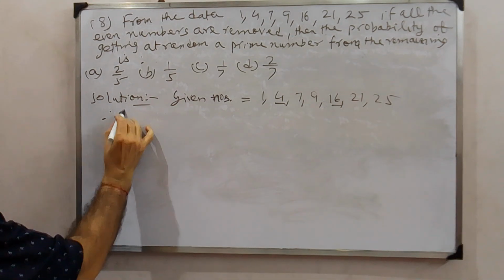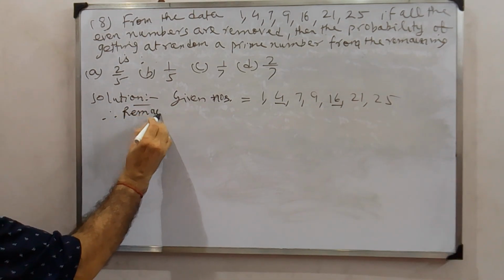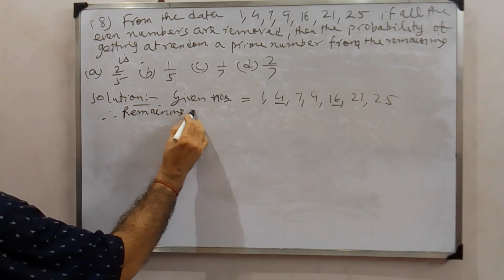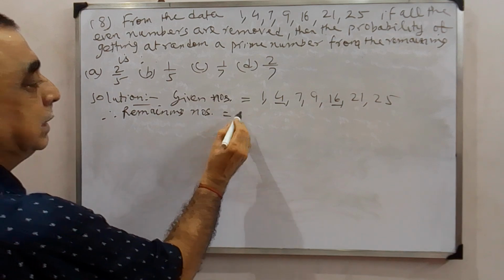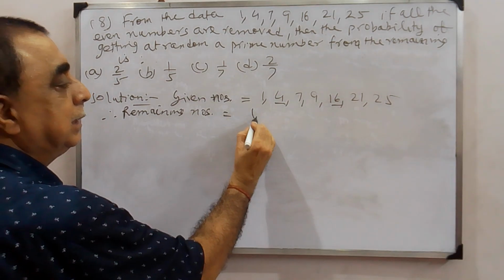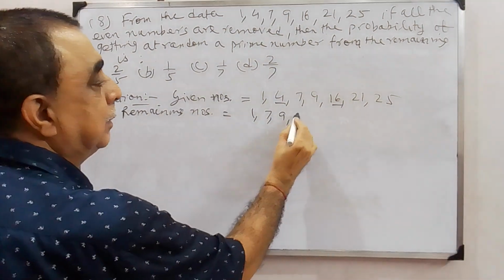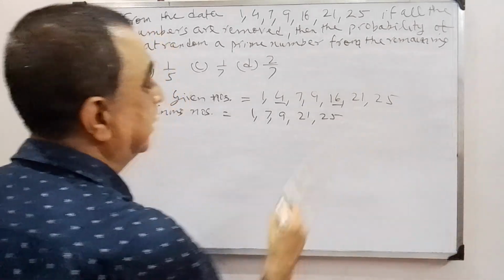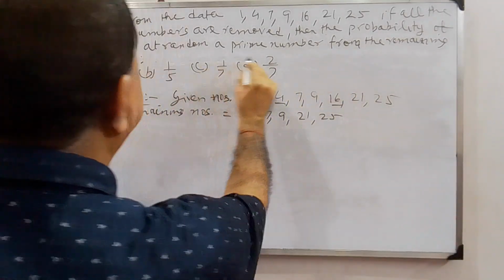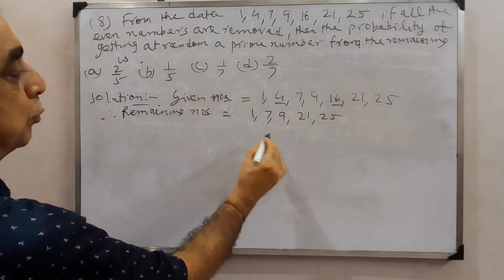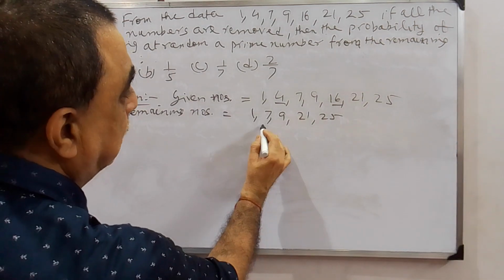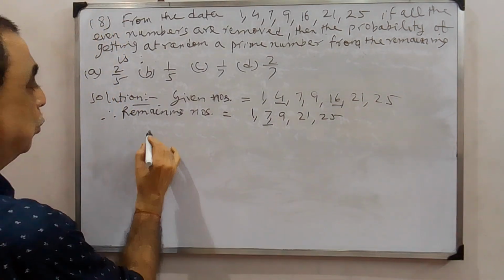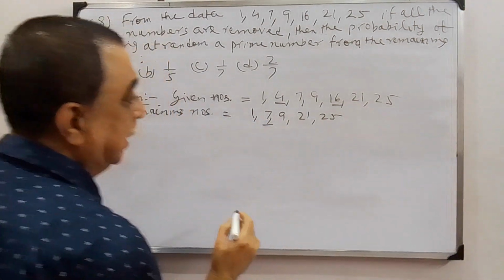So the remaining numbers after removing the even numbers are 1, 7, 9, 21 and 25. So the probability of getting a prime number at random. Which are the prime numbers? Only 7. So here there are 5 numbers.